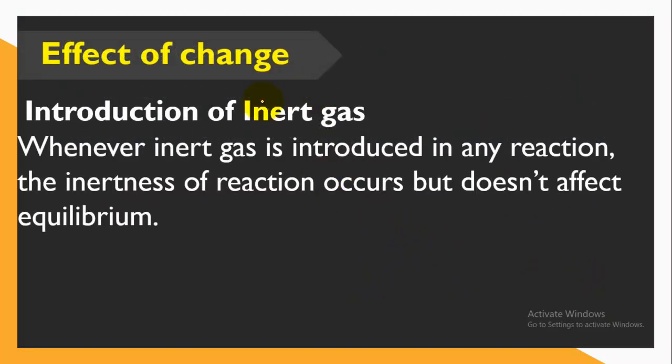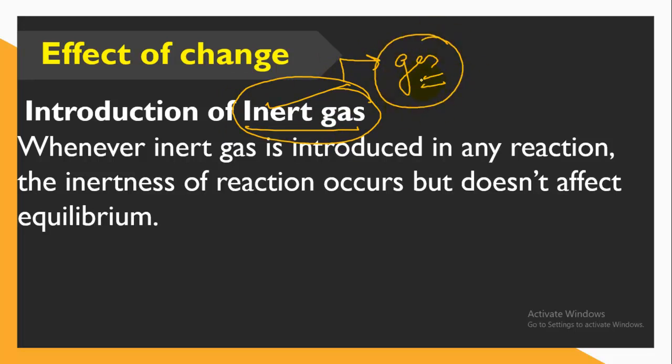Now let's do the effect of the introduction of inert gas. What is inert gas? Inert gas is a gas that does not react with any other substance, but because it possesses moles, when we add it to a container, obviously it is going to affect the moles.